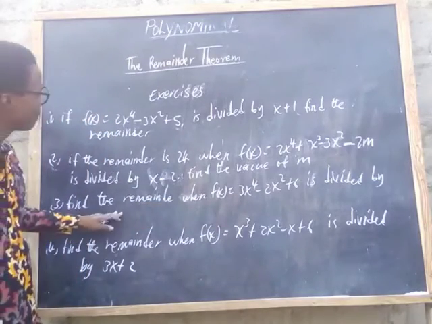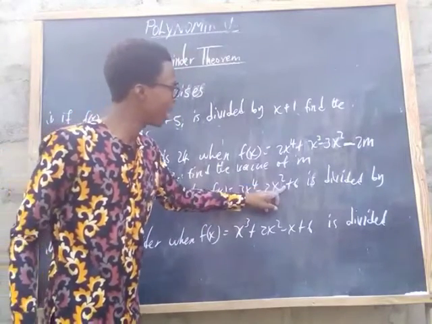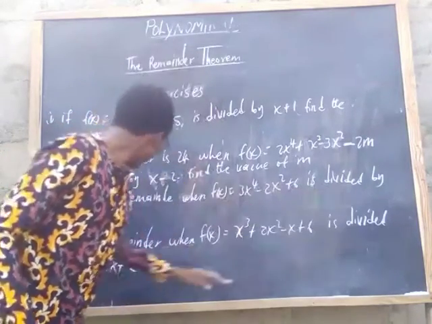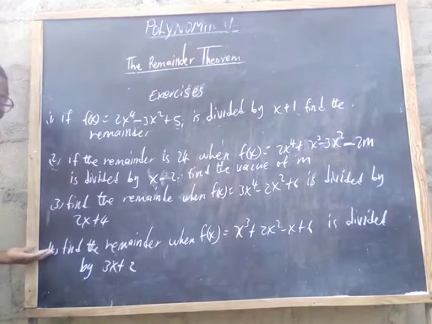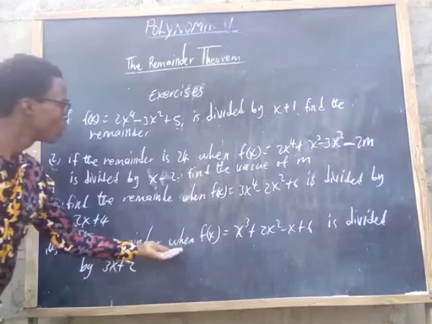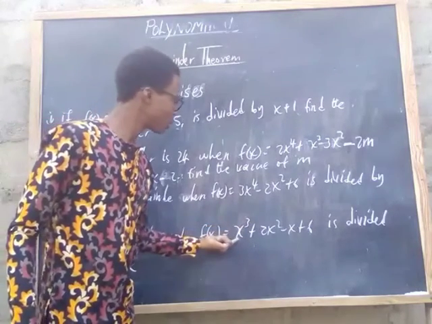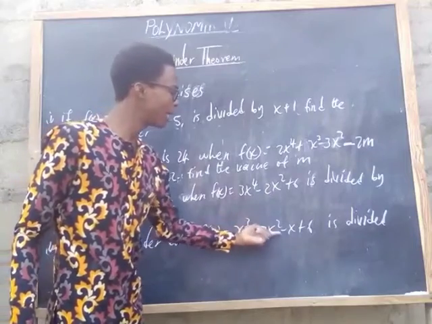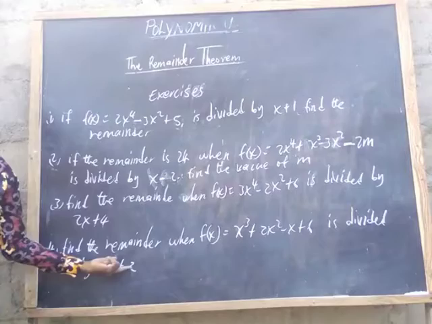Exercise 3. Find the remainder when f of x is equals to 3x fourth minus 2x squared plus 6 is divided by 2x plus 4. Exercise 4. Find the remainder when f of x is equals to x cubed plus 2x squared minus x plus 6 is divided by 3x plus 2.